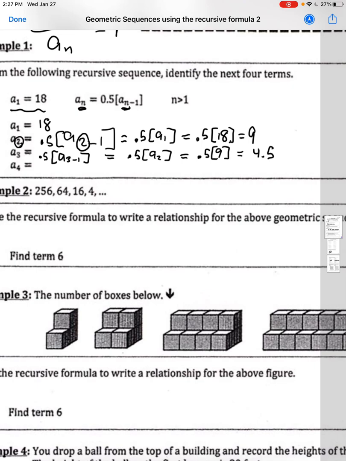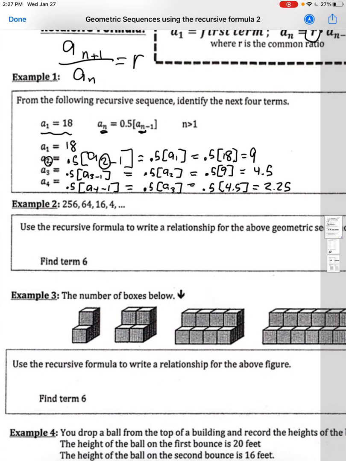Our last one, A4 is equal to 0.5 times A of 4 minus 1, which is 0.5 of A3, which will give us 0.5 of 4.5, which is 2.25. That's how that formula works.